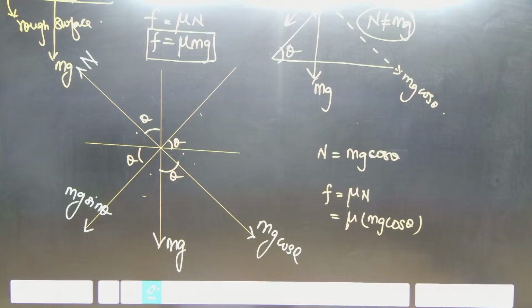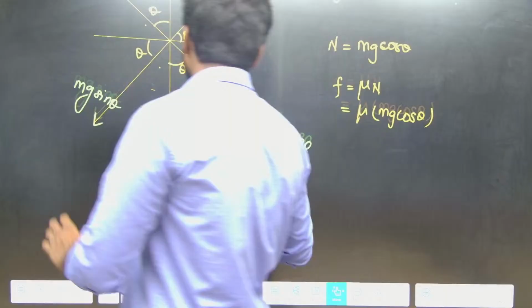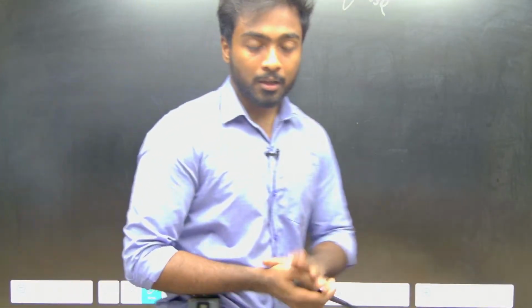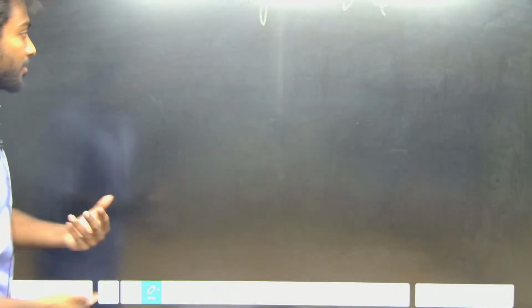Clear, right? Okay, we'll go to the problems now. Let's look at a problem. It is a basic problem, and before that I'll let you know what types of friction there are.